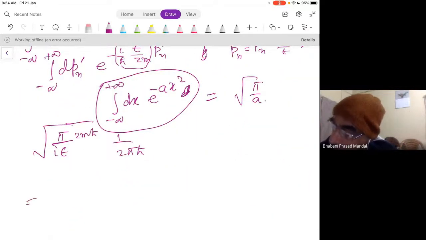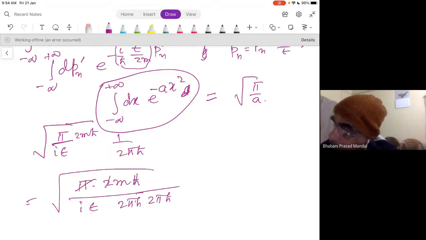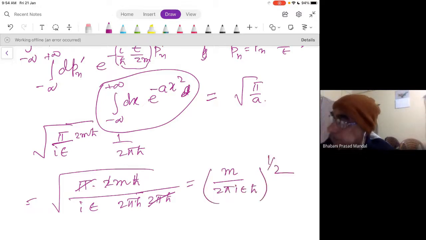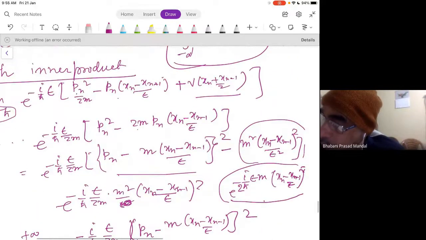Bringing it inside the square root, it will be pi times 2m h cut over i epsilon, times 1 over 2 pi h cut squared, and the pi and 2 pi h cut will get cancelled. So this factor will be m by 2 pi i epsilon h cut, to the power half. You have to do this calculation.